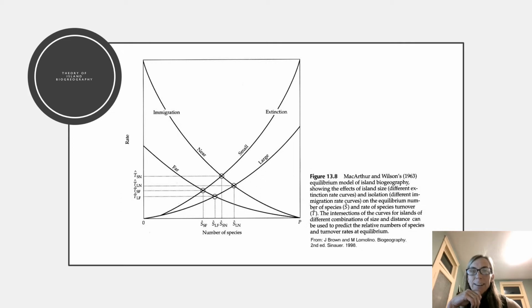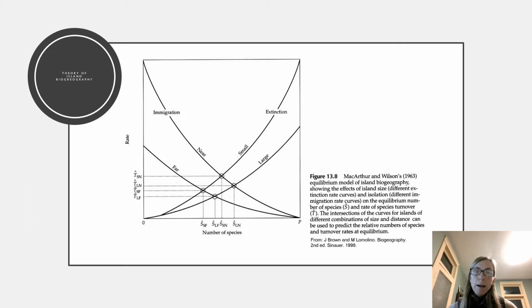So Wilson's ideas about competition, colonization, and equilibrium, he put in a simple graph with curves that represented immigration and extinction. And from that, we can determine the equilibrium of species number on an island. Their ideas were first presented in a paper, and then were further developed into a book in the 1960s.